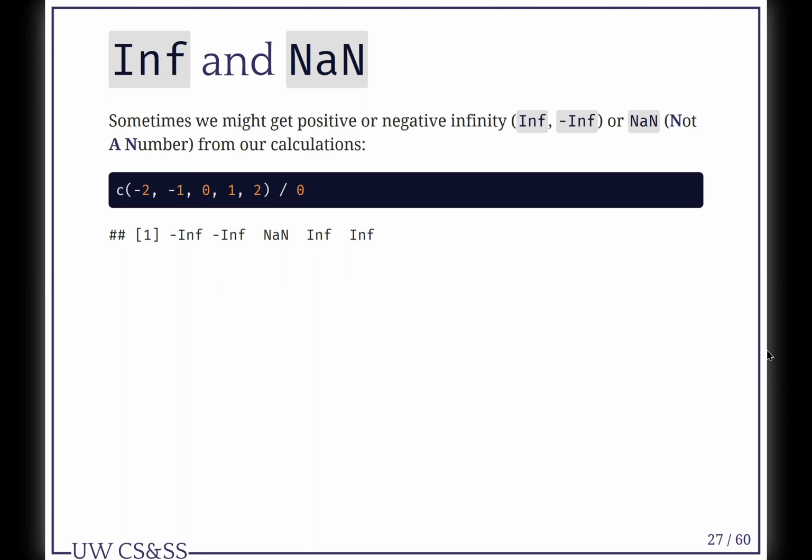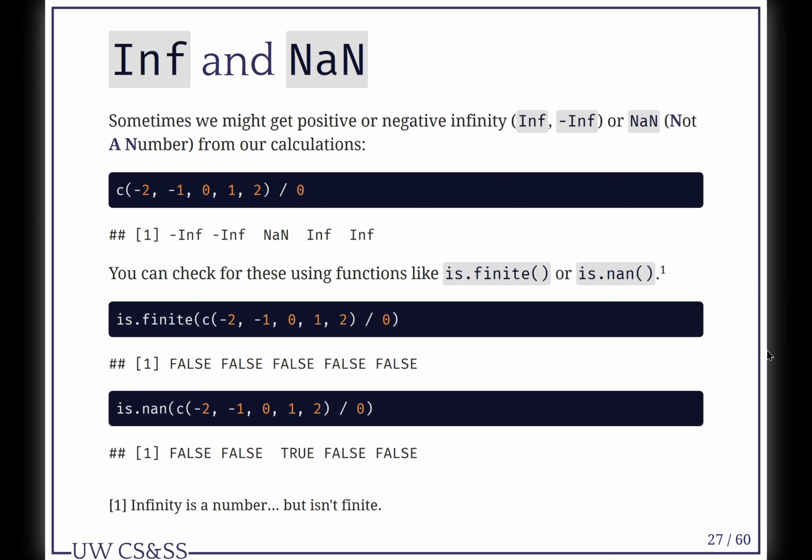This doesn't come up a ton in my own work, but I want you to know what it is. You can check for these by using functions like is.finite or is.nan. On this same vector, you can see that is.finite is false for every element here, and is.nan is true just for 0 divided by 0.